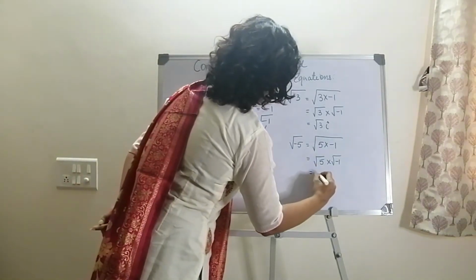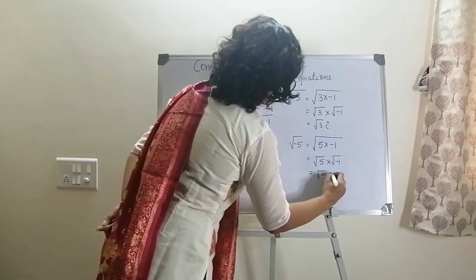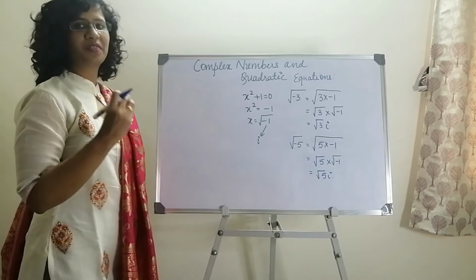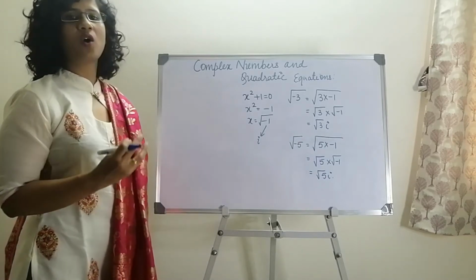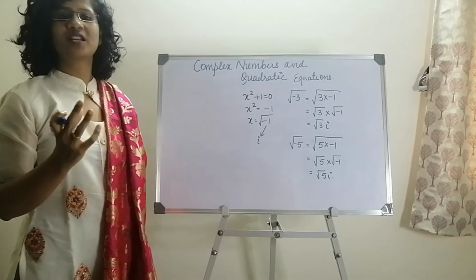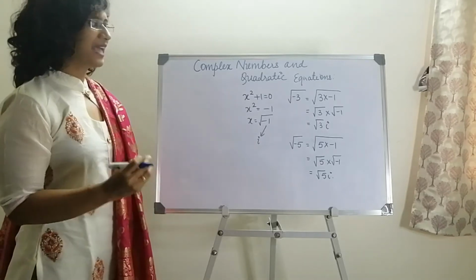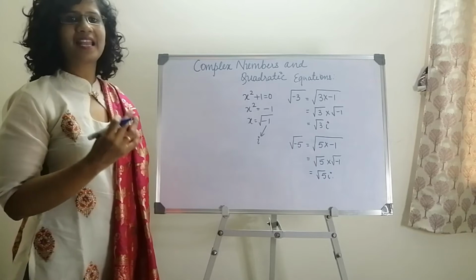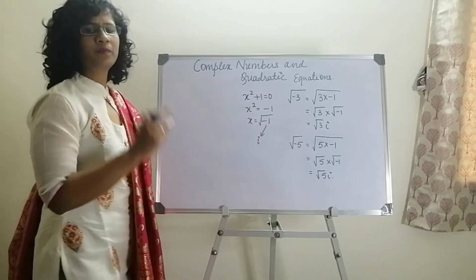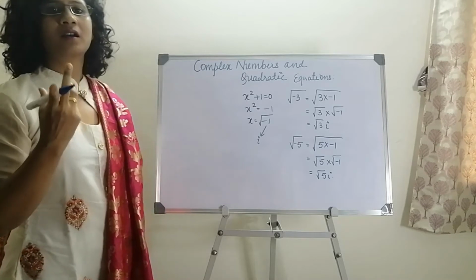So I will write this as root 5 i. So whenever I get complex numbers with i, I will always denote them in which particular part? Imaginary part. If i is multiplied with any root value or any number for that matter, it becomes an imaginary term.